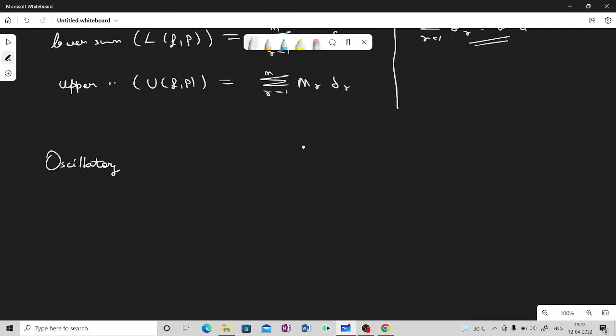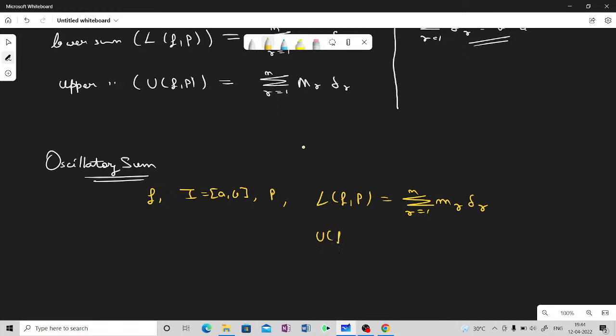You are given a function f in an interval I = [a, b], and for this interval you are given a partition P. For this partition you can define the lower sum as the summation r = 1 to n of the GLB of a particular subinterval Ir times its length, and U(f, P) as the summation r = 1 to n of capital Mr times delta r.